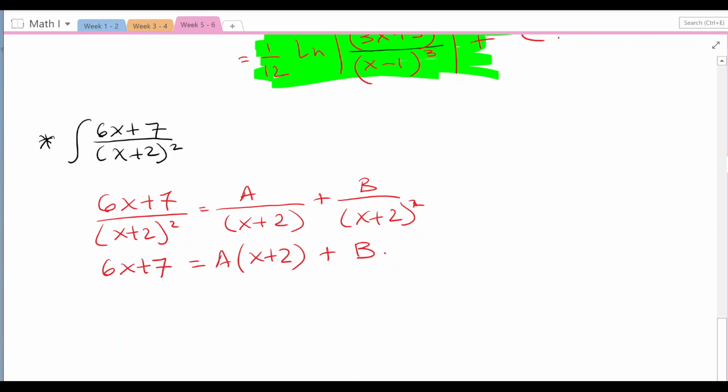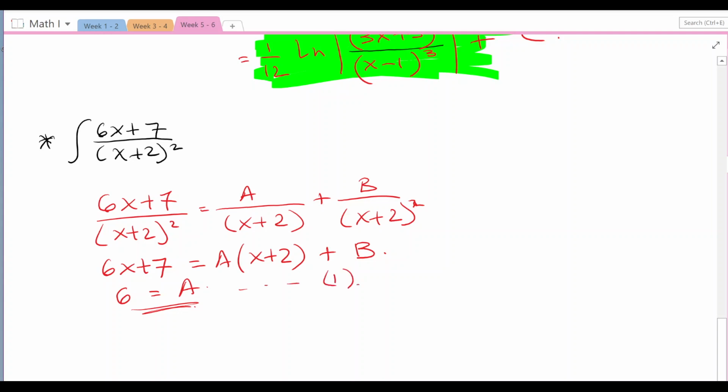Moving on, the coefficient of x on the left is 6, and on the right hand side we have only a, so that gives a equals 6. That is the first equation.